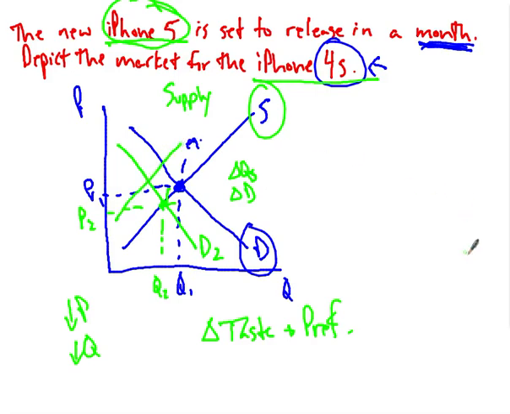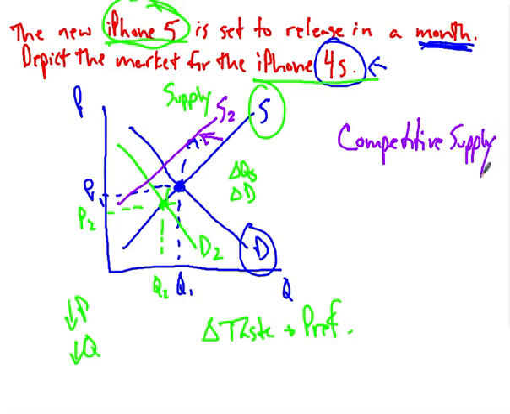Let me choose a different color here. The supply is going to shift back to the left because this is what you would call competitive supply. By producing more of this, by definition, we can't produce as much of this.